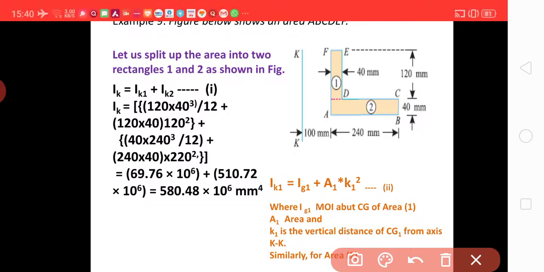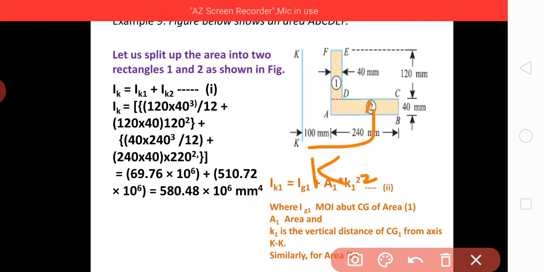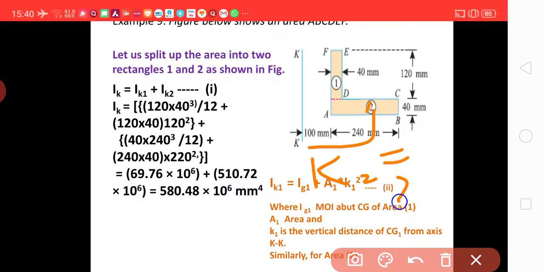Similarly for section 2, rectangle 2, its centroid will be somewhere here, half of 240, 120, plus 100. This K2 will be 220.